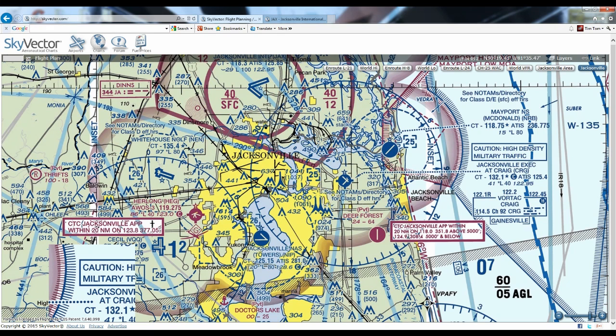That is including 2,500. If it didn't include 2,500, if it just went up to but did not include 2,500, if it stopped at 2,499, there'd be a minus symbol next to this number. If you see the minus symbol next to the number in the box, that means it goes up to but does not include the listed altitude. Now, does that mean that you could putter along at 2,500 feet through this airspace and not talk to the tower?